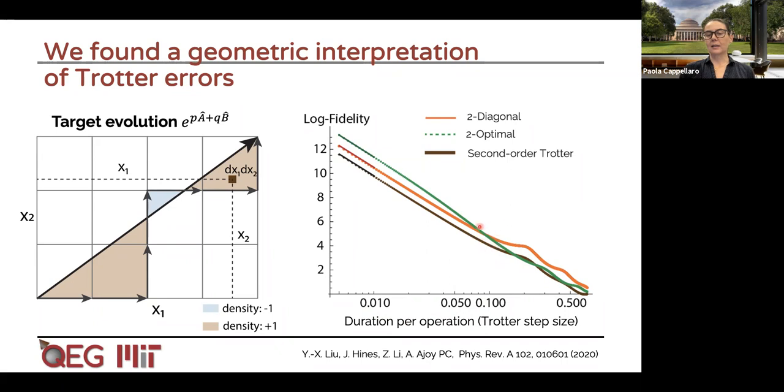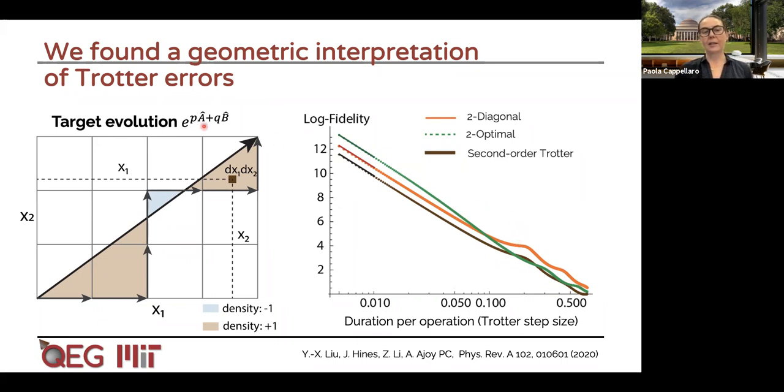But when we start having large enough Trotter steps, this diagonal, which is obtained with a greedy algorithm, so very computationally efficient, starts to become better. And so it's a very efficient way of calculating this optimal path.